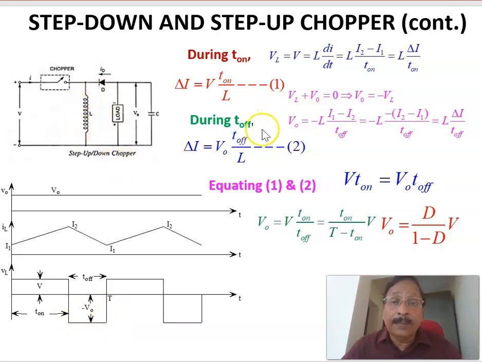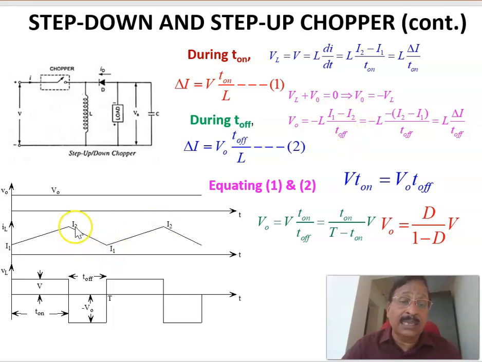Therefore, here VL plus V0 equal to zero, or output voltage V0 equal to minus VL. Or here V0 equal to minus VL, or it is equal to minus of L into (I1 minus I2) divided by T off, because it is changing from this one.